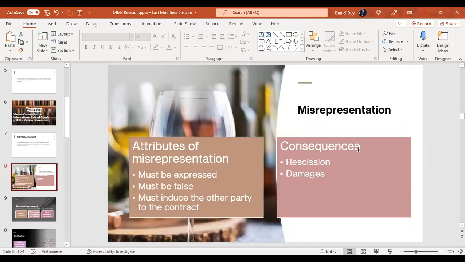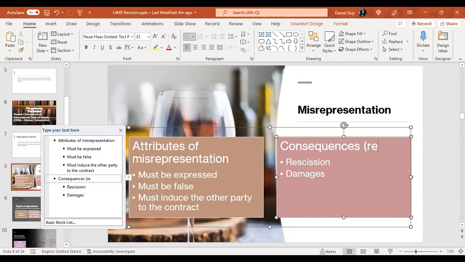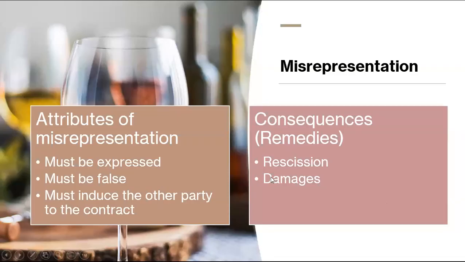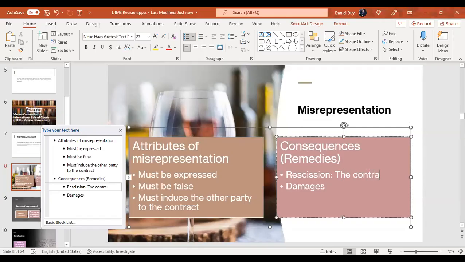Here are the remedies for misrepresentation. The first remedy is rescission of contract. As a result, the contract will be void. The contract has no effect at all.